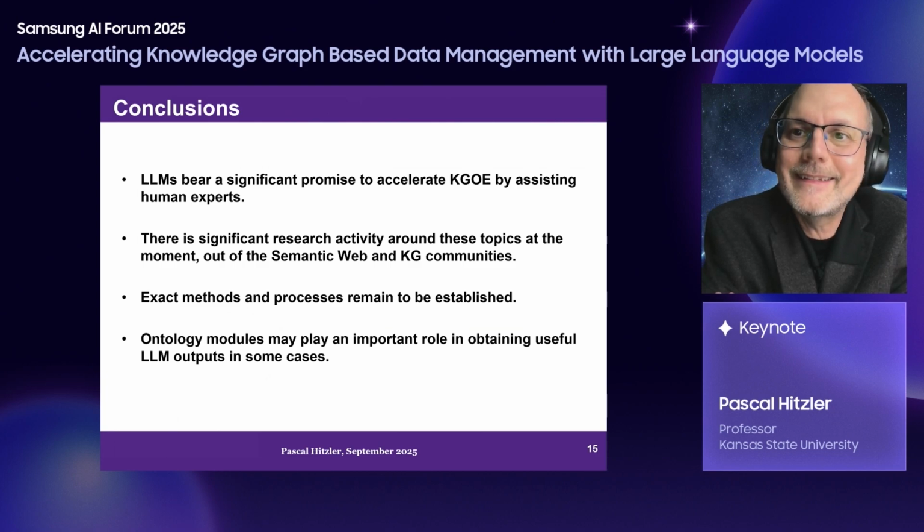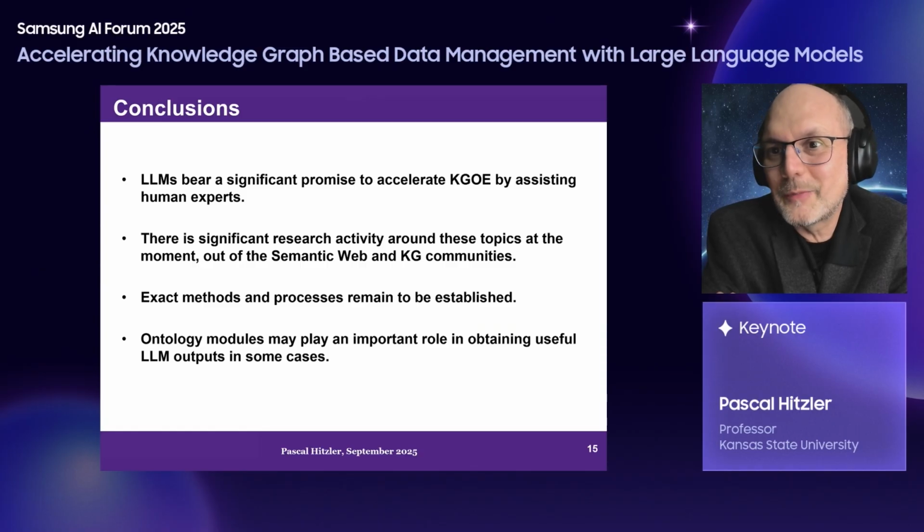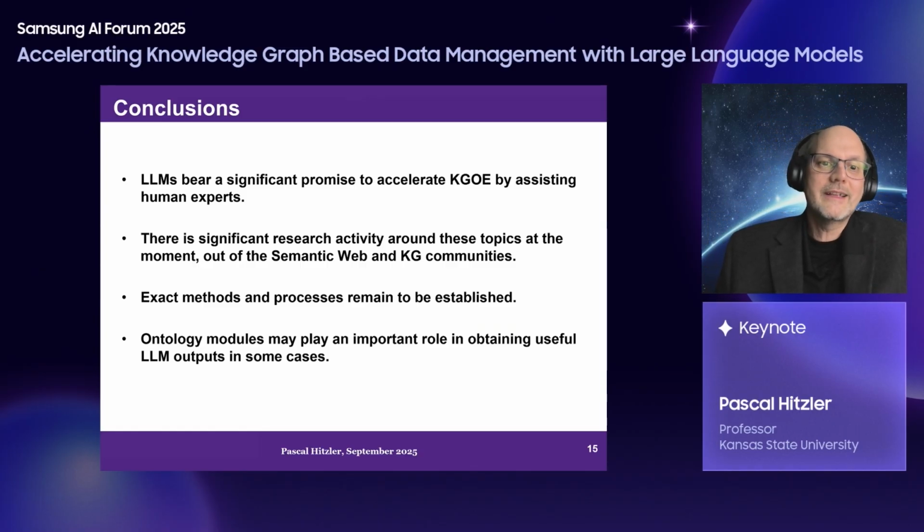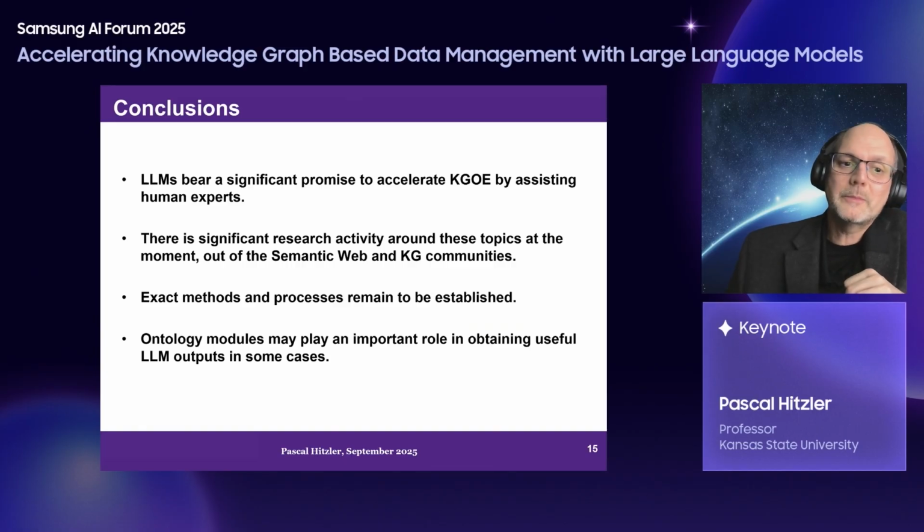Of course, the details need to be worked out, and it's a very good time right now to look at that, because there's broad breakthroughs to be had here, and you want to be ahead of the curve, of course. Exact methods need to be established, and there also seem to be clear indications that divide and conquer methods, ontology modules in particular, may play an important role in obtaining useful LLM outputs in some cases.